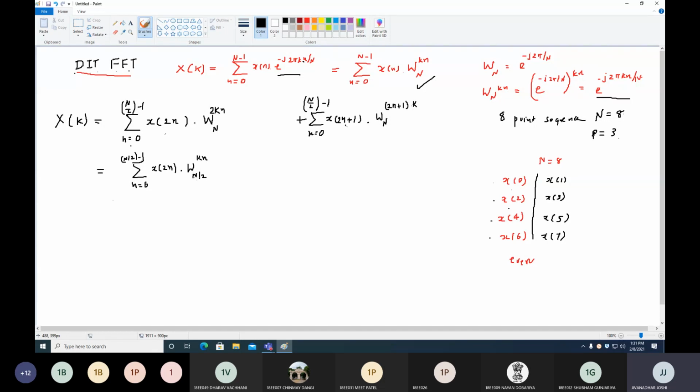So if I write N by 2 in the suffix, then instead of 2kn I need to write kn only. And similarly this can be written as summation n equal to 0 to N by 2 minus 1 x of 2n plus 1 into W again 2nk, so instead of that I am directly writing N by 2 raised to kn.